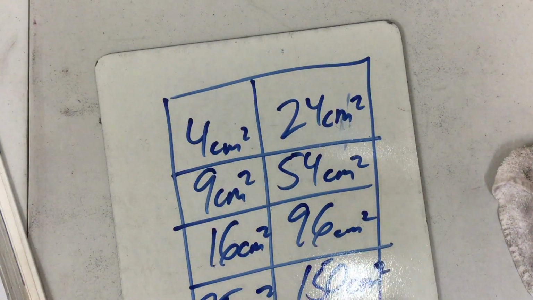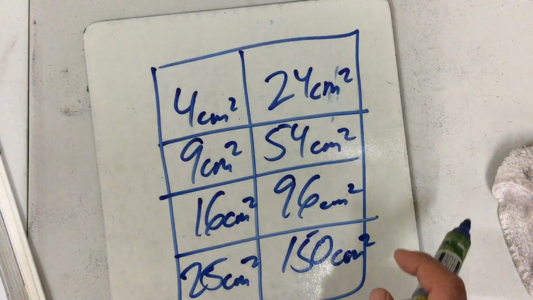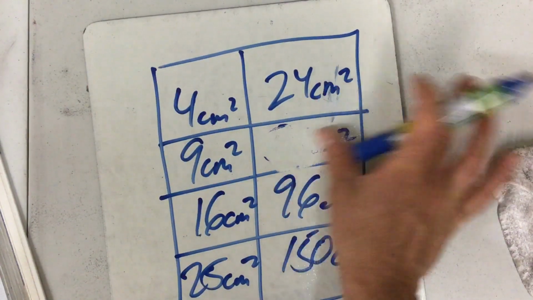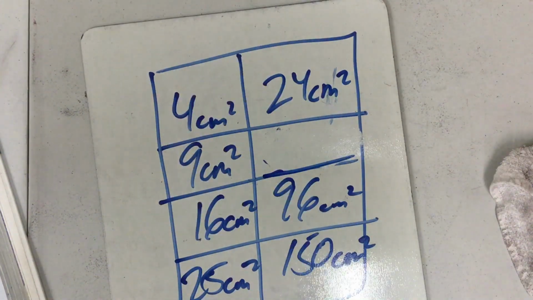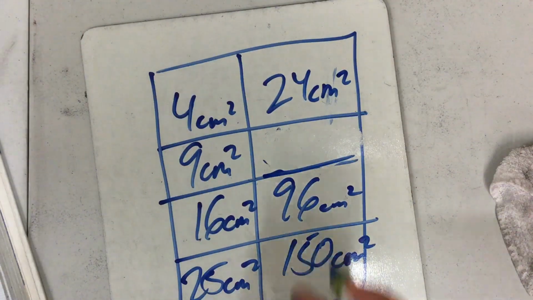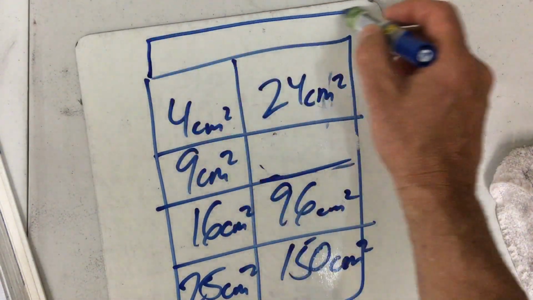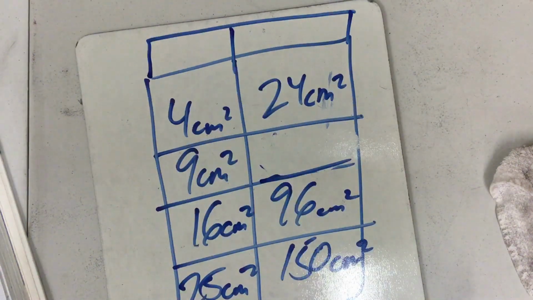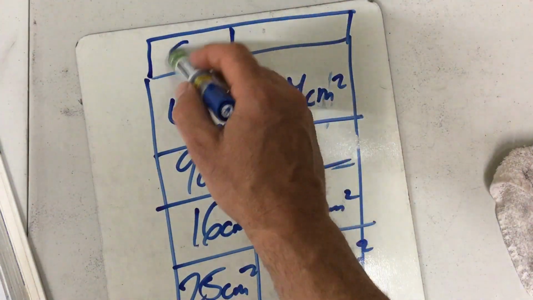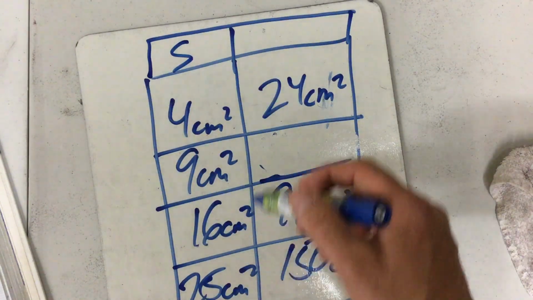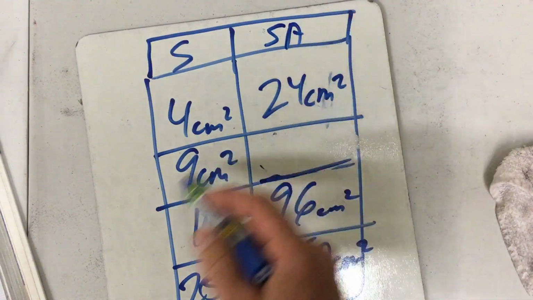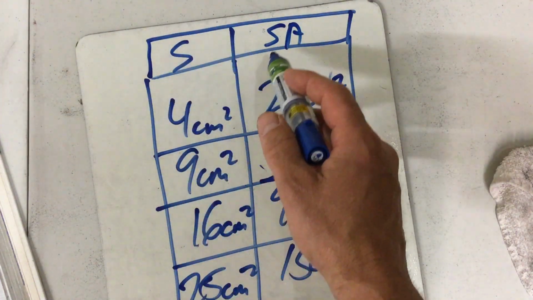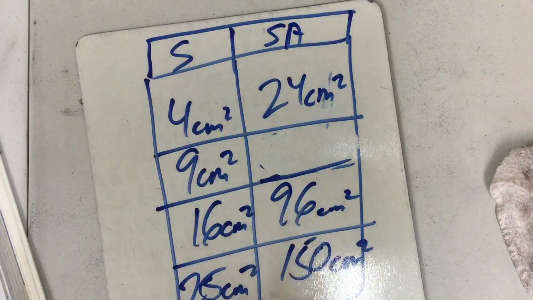Now let's say you walked up to this table and you didn't know this one. And you say, hey, here's a function table. What do you think's going on here? What do you think the rule is of the function? If I said, hey, this represents S, and this represents, and that would mean side, and that would be surface area, or total surface area.